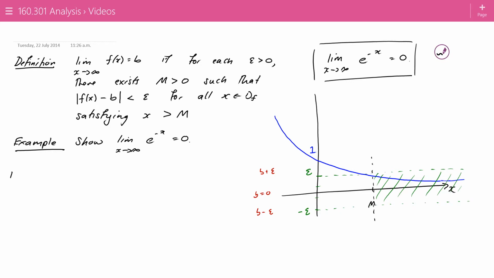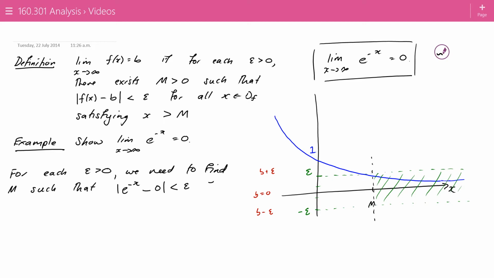If we just translate the definition, for each epsilon greater than 0, we need to find an m such that the absolute value of our function, which is e to the minus x, minus b, which for us is 0, is less than epsilon for all x in our domain.